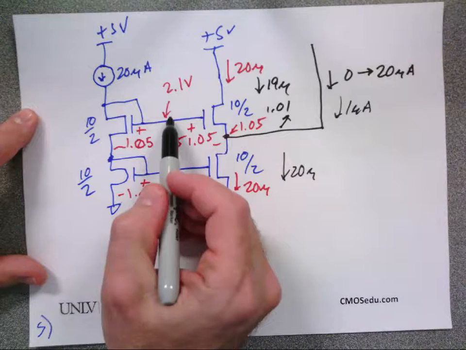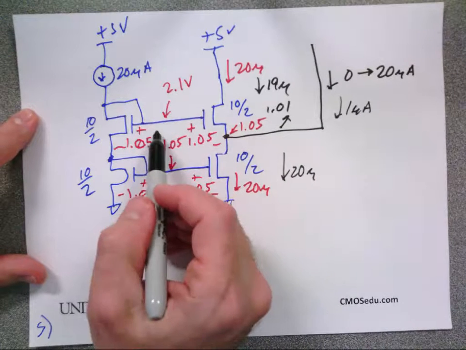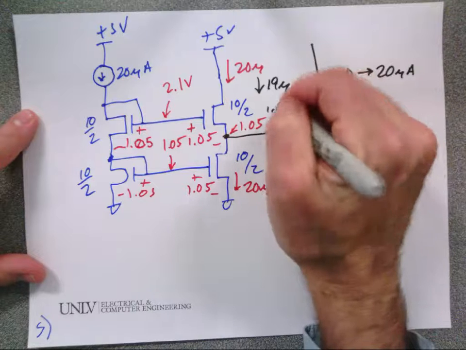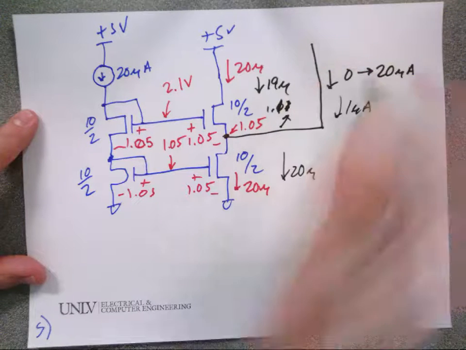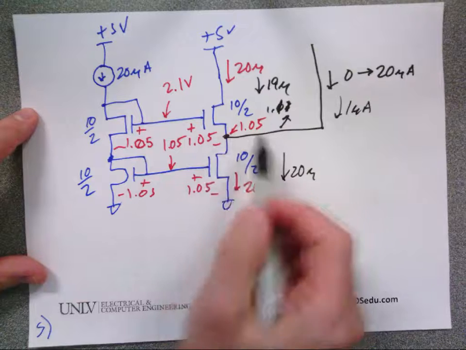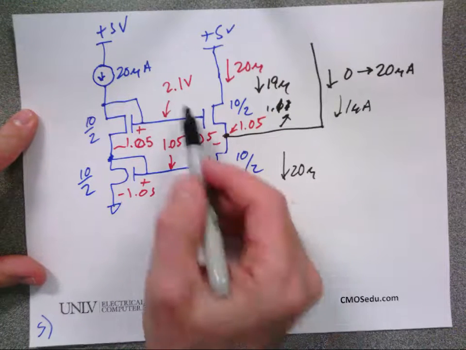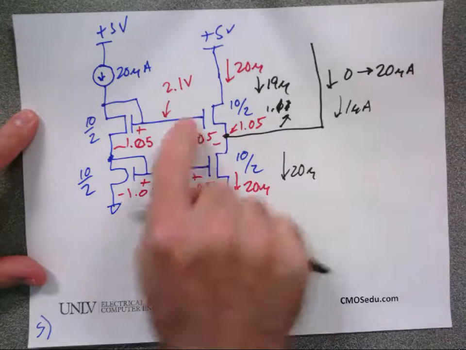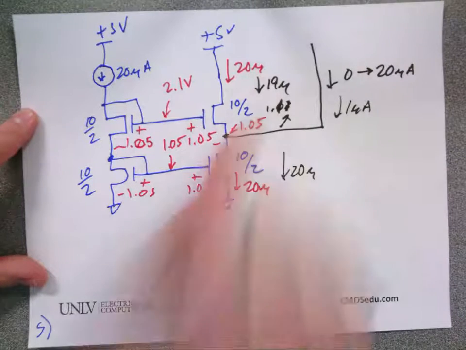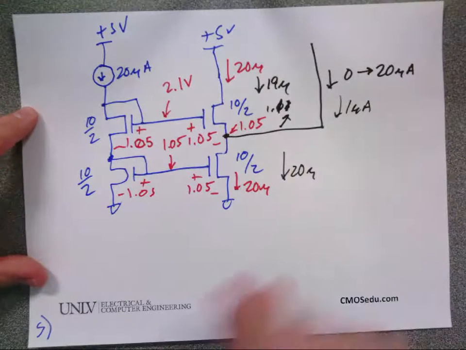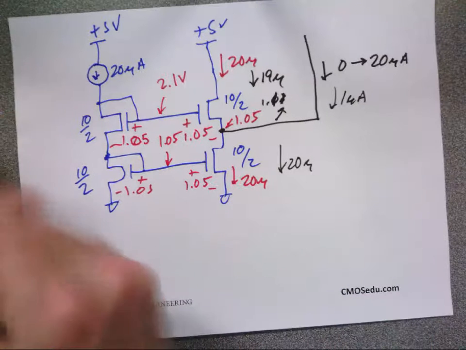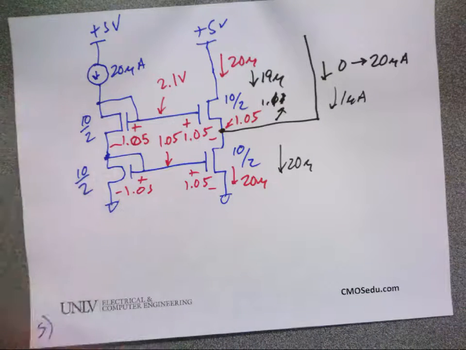Well, this stays at 2.1. I'm sorry, 1. How about 1.1? Went the wrong way. I was getting ahead of myself. So the pressure goes up. Now 2.1 minus 1.1 is only 1 volt. That causes this to shut off a little and the current to drop to 19. Does everybody follow that?